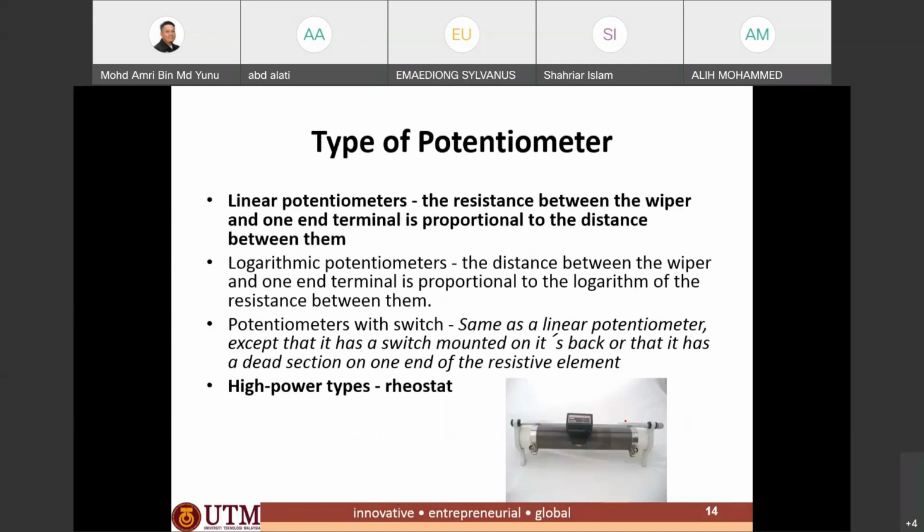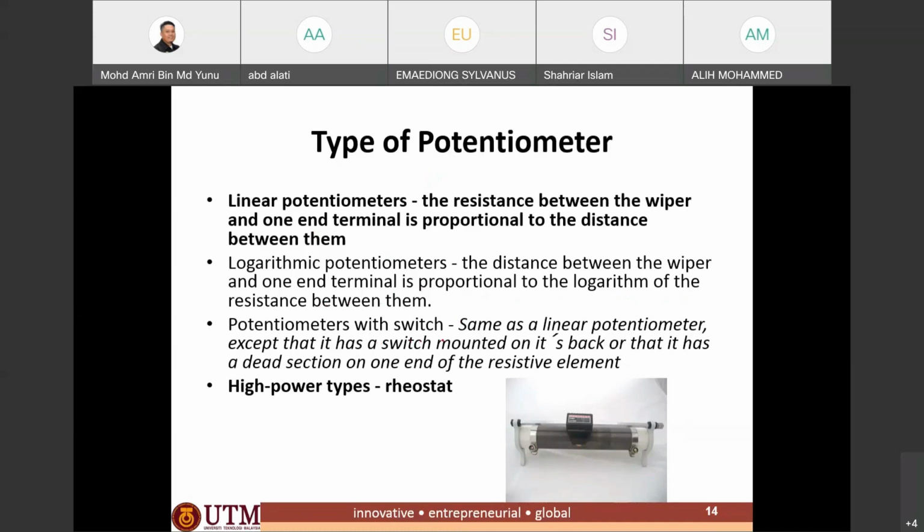There are a few types of potentiometer. Linear potentiometer: the resistance between the wiper and one end terminal is proportional to the distance. Then the logarithmic potentiometer, where the resistance between the wiper and one end is proportional to a logarithmic function of the distance.